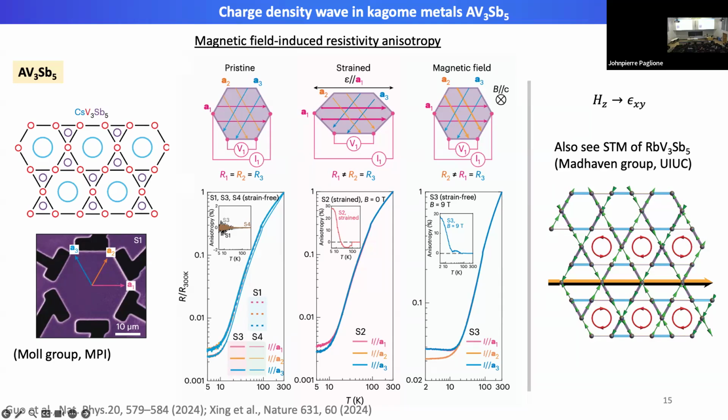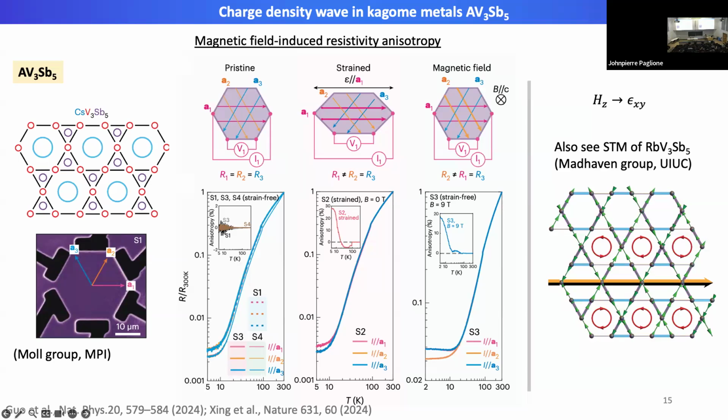Right. So in 2024, there are two different groups that have seen signatures of piezomagnetic coupling in these states, and I wanted to show you here just a nice example of the piezomagnetic effect as a signature of time reversal symmetry breaking.